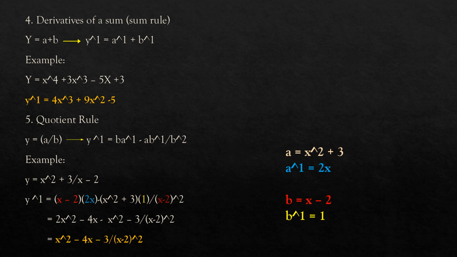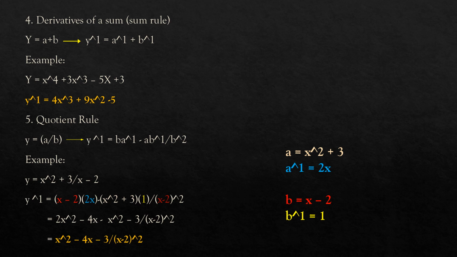The derivative of A is 2x, and then B is x minus 2, and the derivative of this is 1, since the derivative of x is 1 and the derivative of 2 is 0.